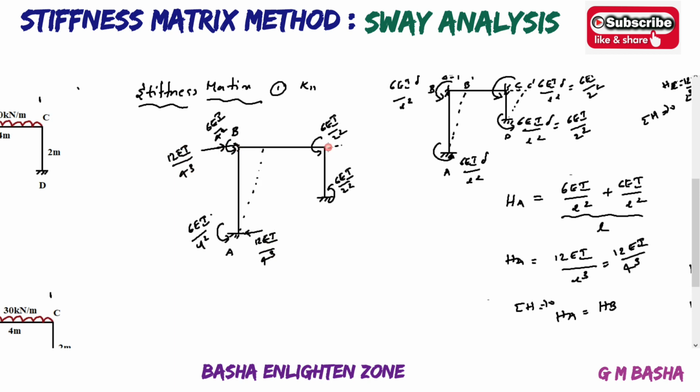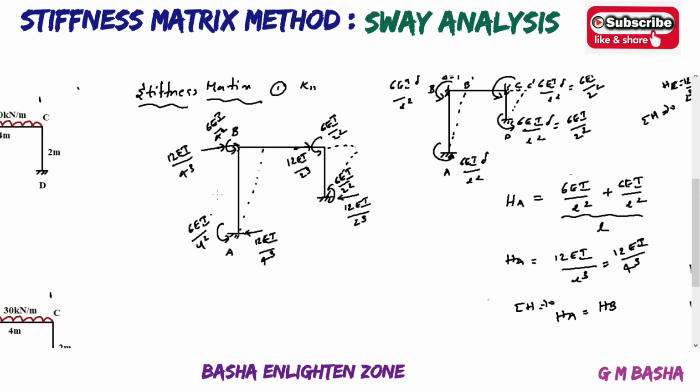And again here also the force will be like this. Here also your HD will be equal to 12 EI by 2 cube. And your HC will be equal to, that will be acting here, 12 EI by 2 cube. Okay. These are the forces HA, HB, HC and HD.